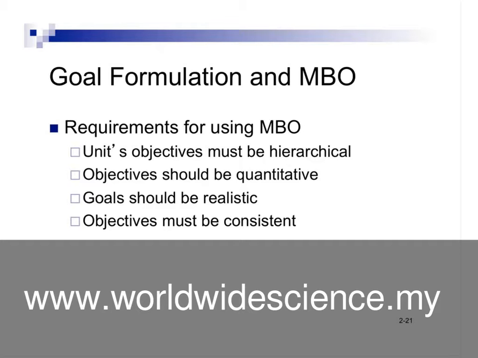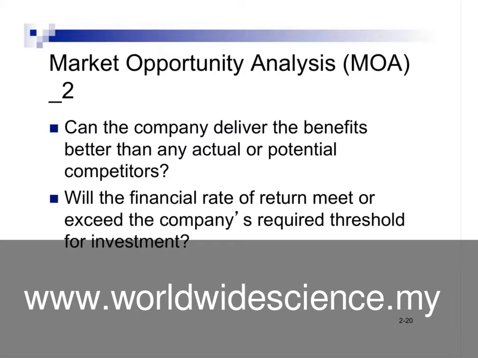Okay, very good. Good point. Basically, what we are talking about, as you can see, is part of the market opportunity analysis. We have so many different types of management, but what we are talking about now is how in your marketing opportunity analysis you should be objective oriented.